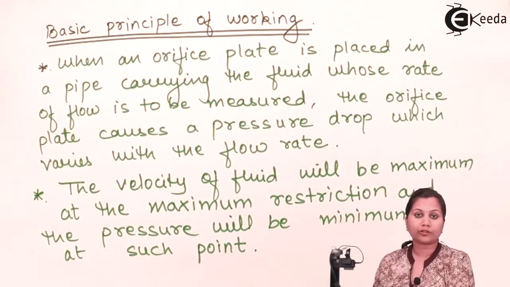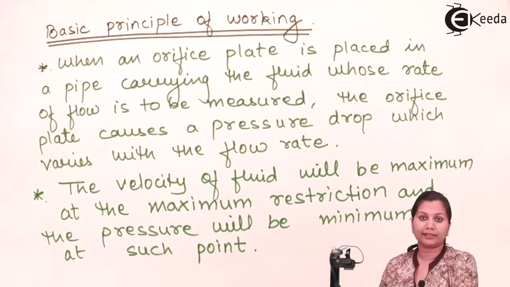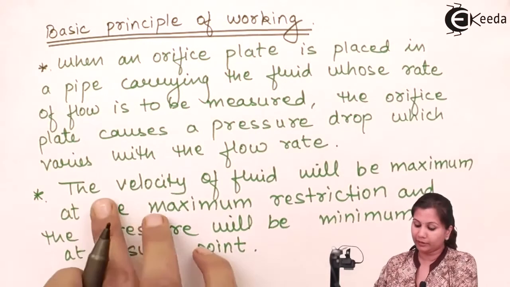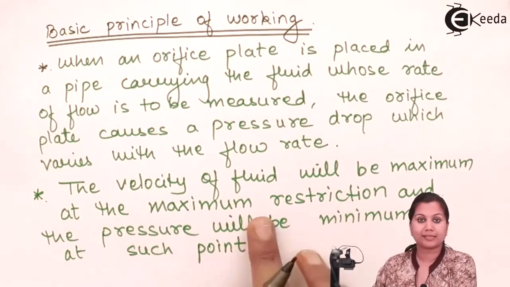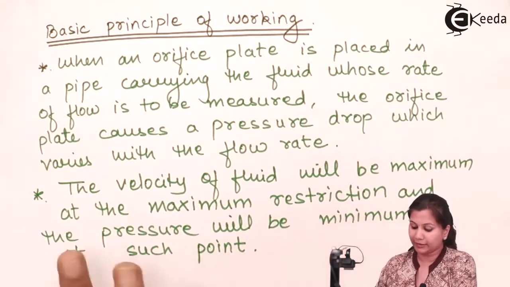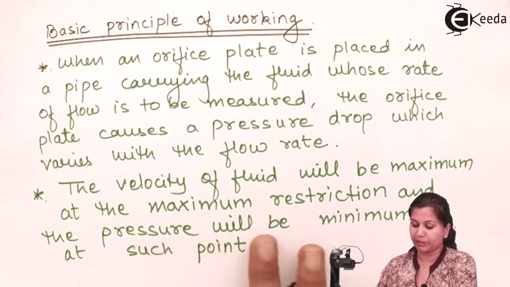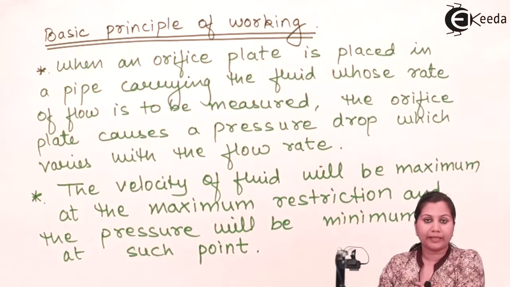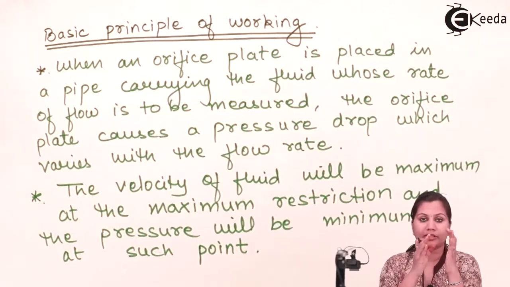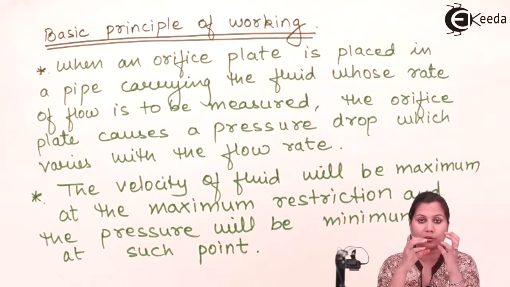The construction of the orifice plate is such that it is acting as a restriction or obstruction, and the velocity of the fluid will be maximum at the maximum restriction, and at this point the pressure will be minimum. The orifice plate will have a point where maximum restriction is provided by it.